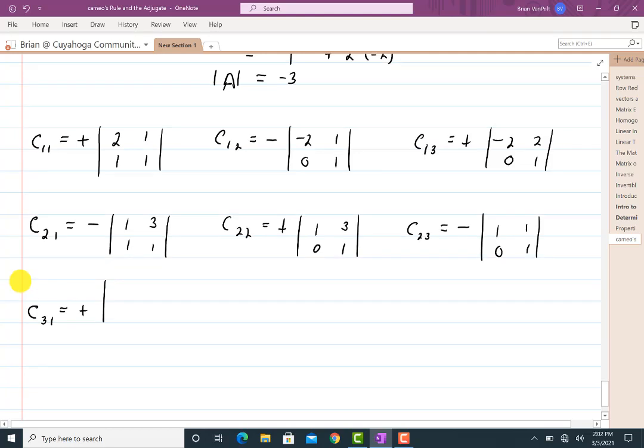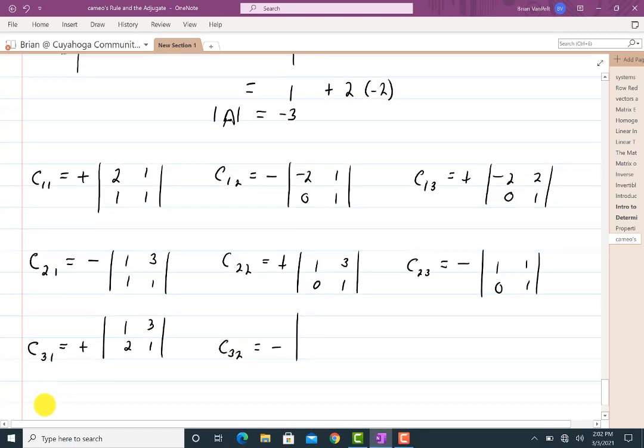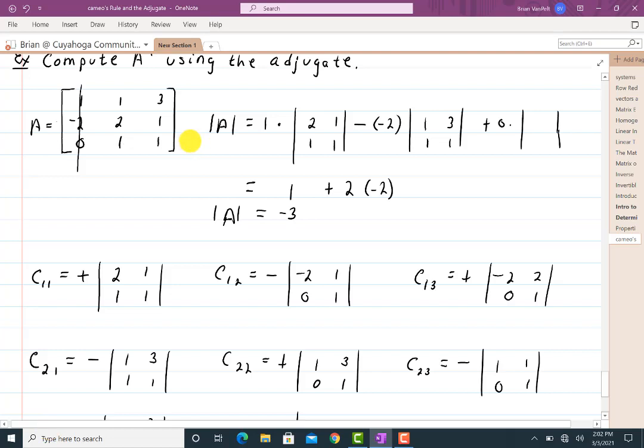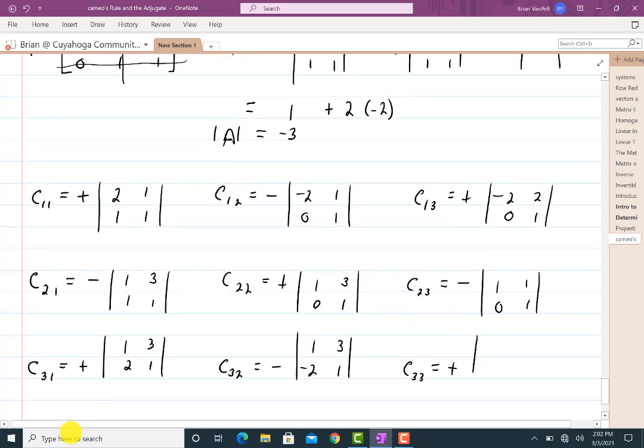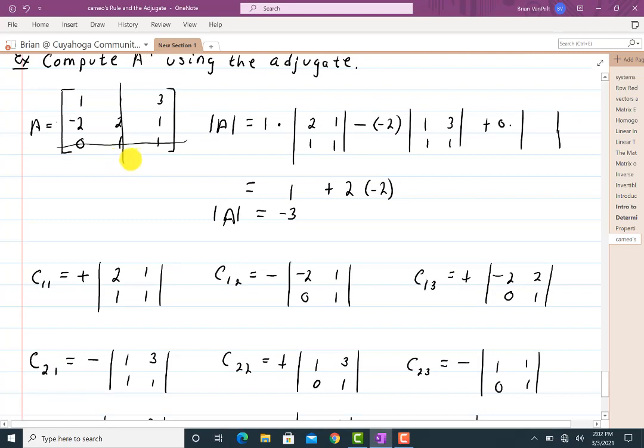Here I get 1, 3, 2, 1. C3,2 is negative. 1, 3, negative 2, 1. And then finally, C3,3 is positive once again. I have 1, 1, negative 2, 2.